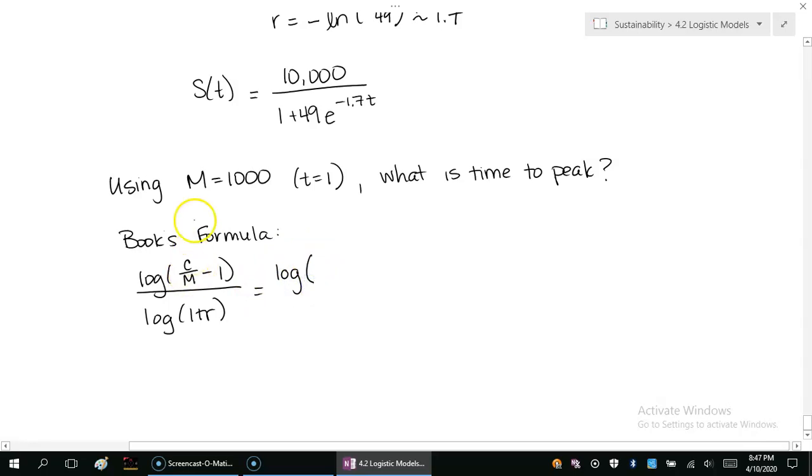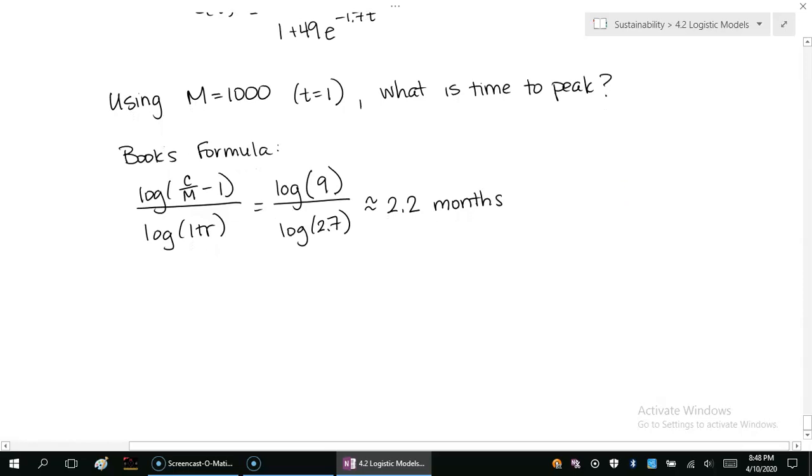C is 10,000, so divided by m gets you 10, and when you subtract 1, that gives you a 9. Divided by the log of 1 plus r, which we just solved for. r was 1.7, so the log of 2.7. And again, you can plug that into a calculator, and this tells you that the time to peak should be 2.2 months. So there's one potential answer.